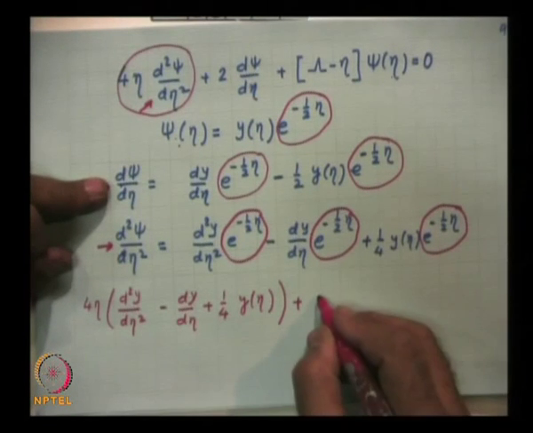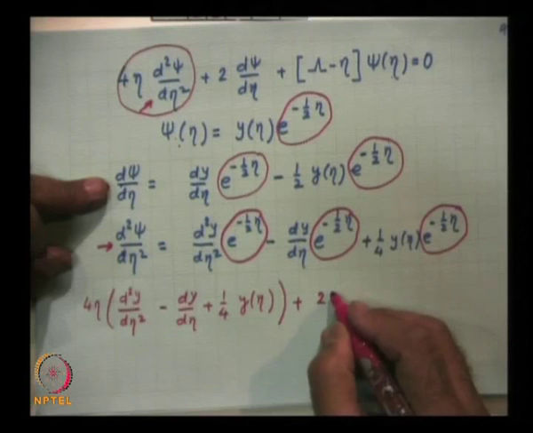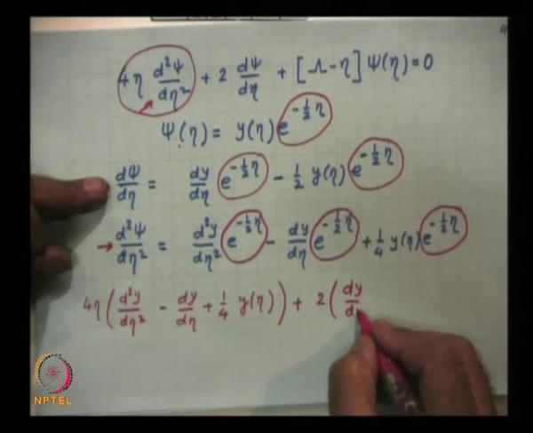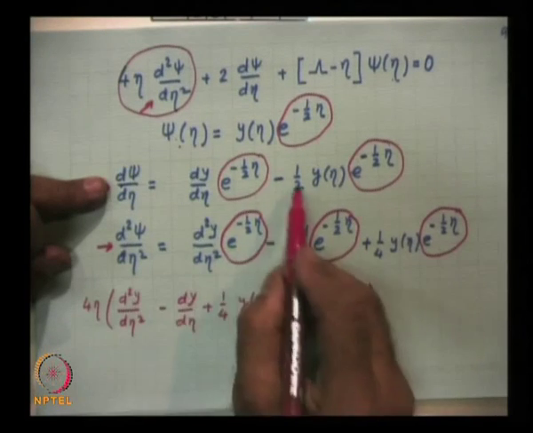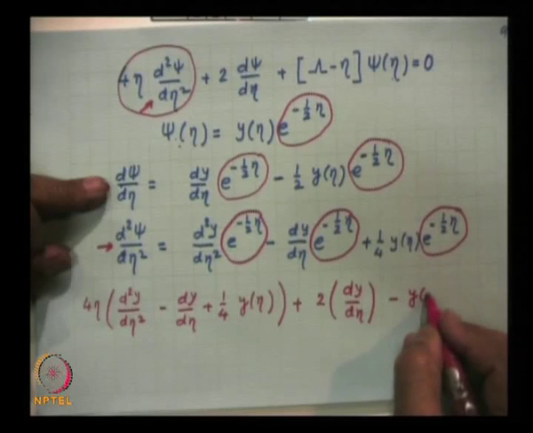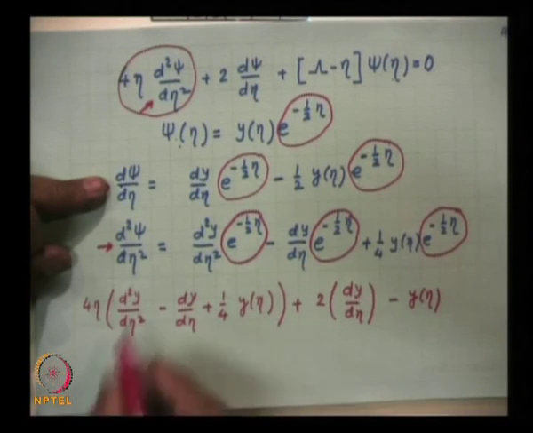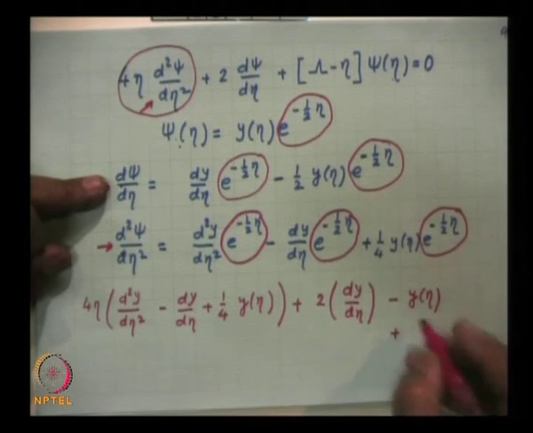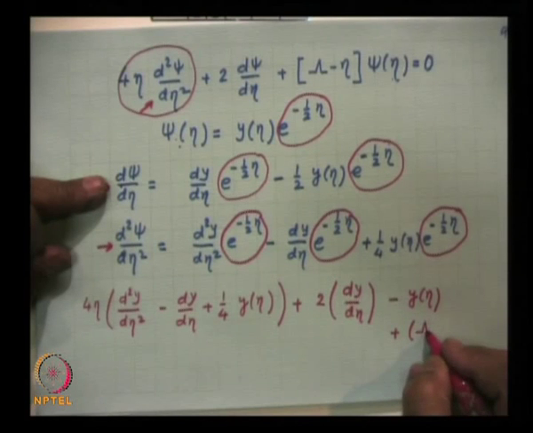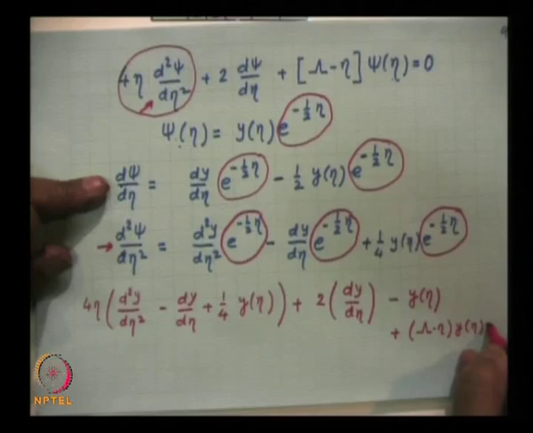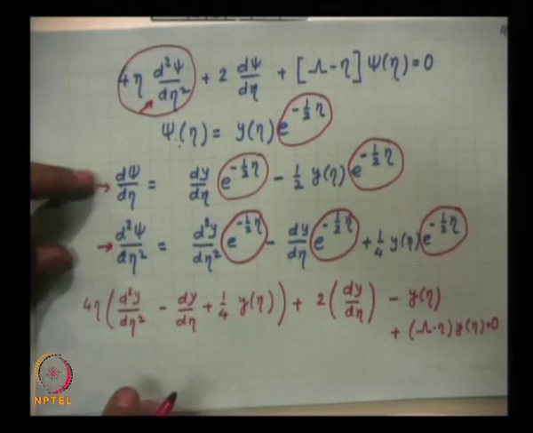So, plus 2 bracket dy by d eta minus 2 times this. So, therefore, minus y of eta, because 2 into minus half is minus 1, plus lambda minus eta y of eta. This is equal to 0.